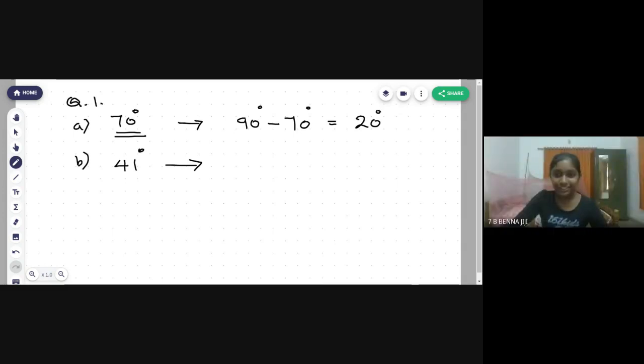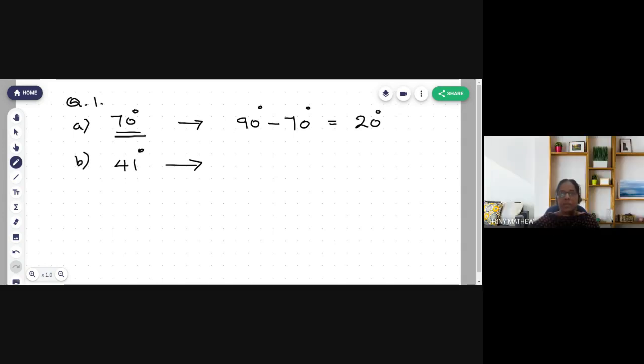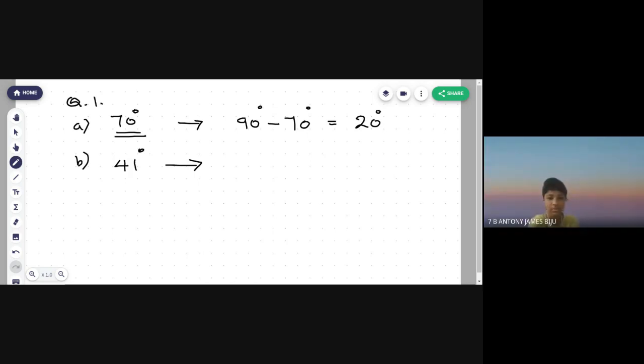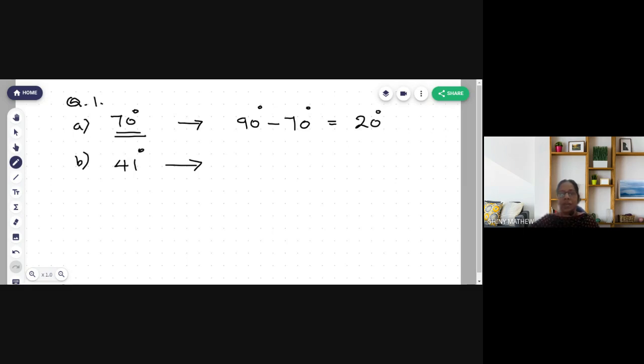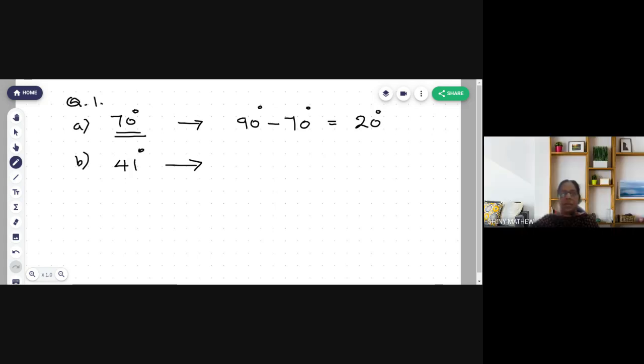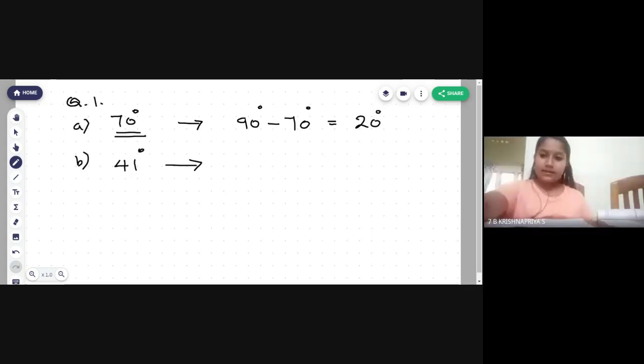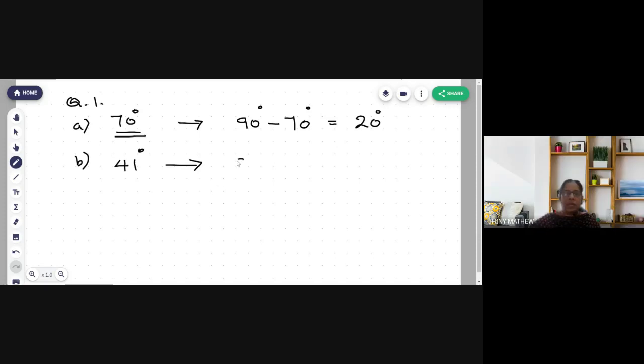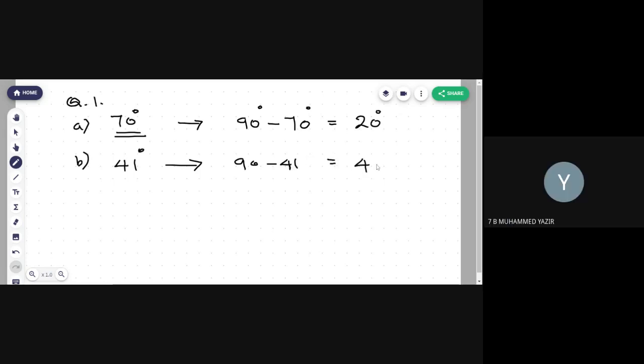Miss, I didn't get it. What is the method? How can we find it? Then Krishna Priya, can you say? 90 degrees minus 41 degrees. What is the answer? 49 degrees. Okay, very good. Here 90 minus 41. For subtracting 41 from 90, only one second is needed. So the answer is 49 degrees.